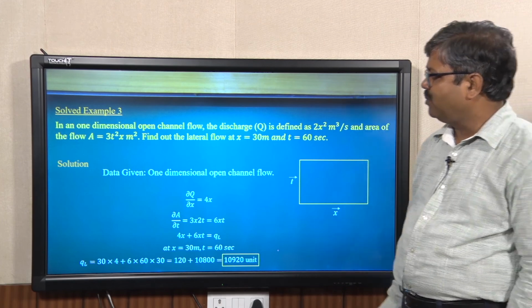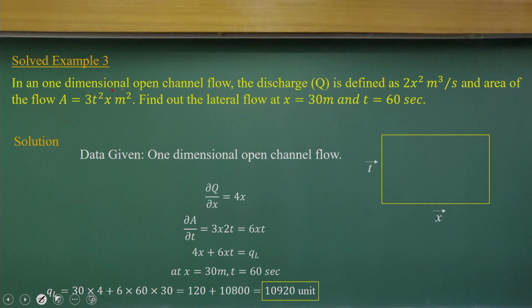These are very simple problems. Again, in a one-dimensional open channel flow, where we are talking about only the x direction, discharge is defined as a function of x in cubic meters per second, and area is given as a function of t and x. Find the lateral flow at x equal to 30 meters and t equal to 60 seconds.